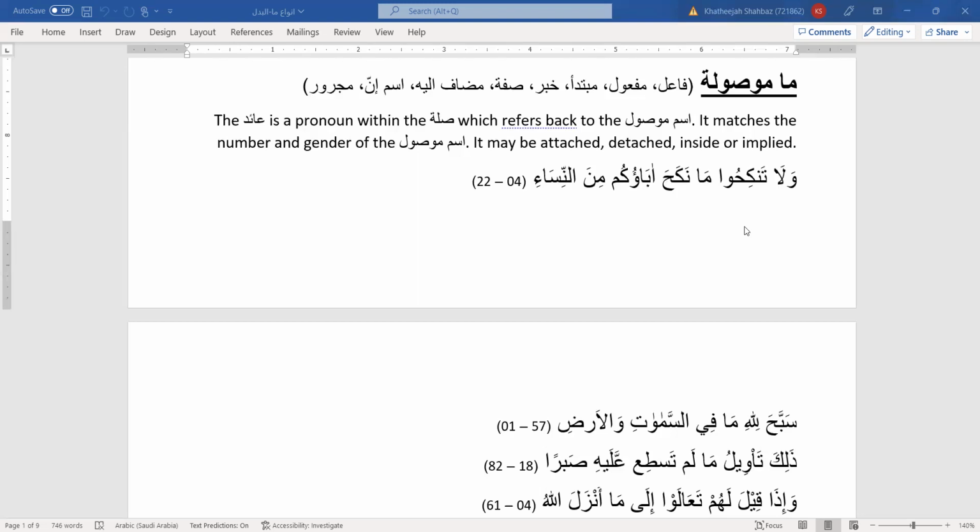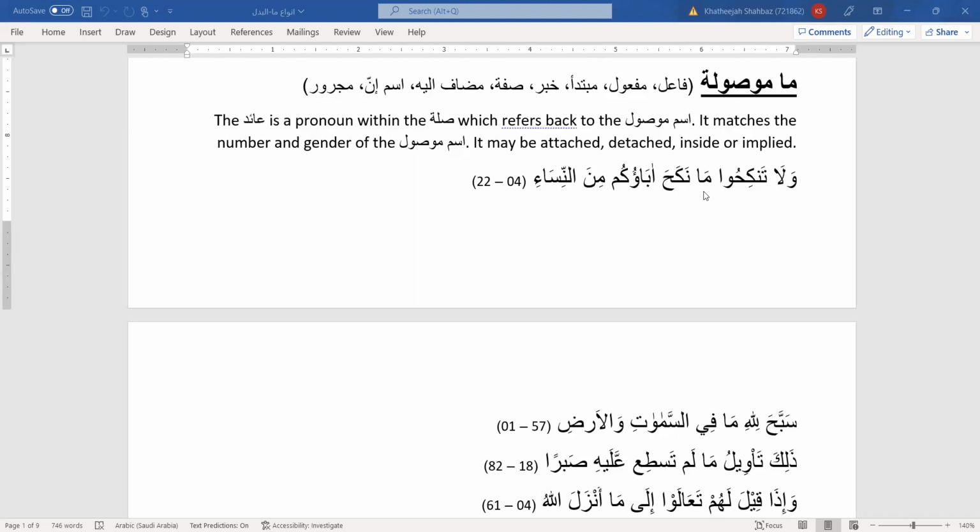Nakaha, he married, aba'ukum, your fathers, mina an-nisa'i, from the women. And you all don't marry what your fathers married from the women.